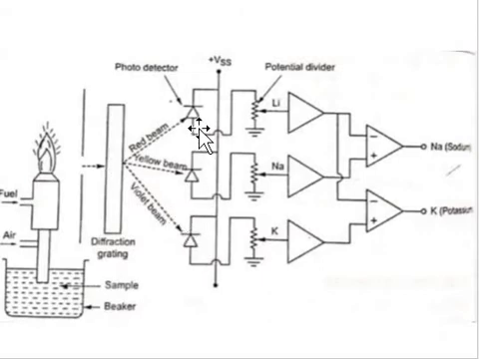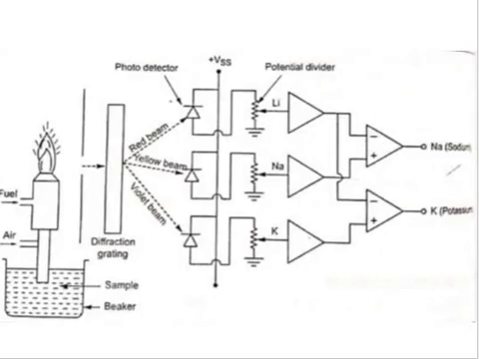If there is any detection of lithium, it will start conducting, and a proportional amount of current will pass through the amplifier. Similarly for yellow, similarly for violet, and these connections are given for the identification of sodium and potassium, because lithium we need not find, because lithium is the reference.